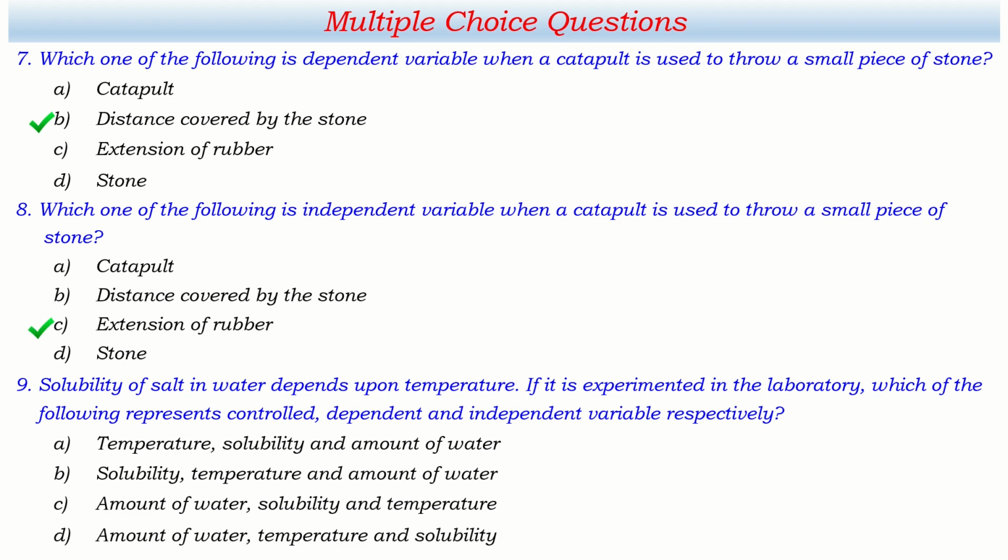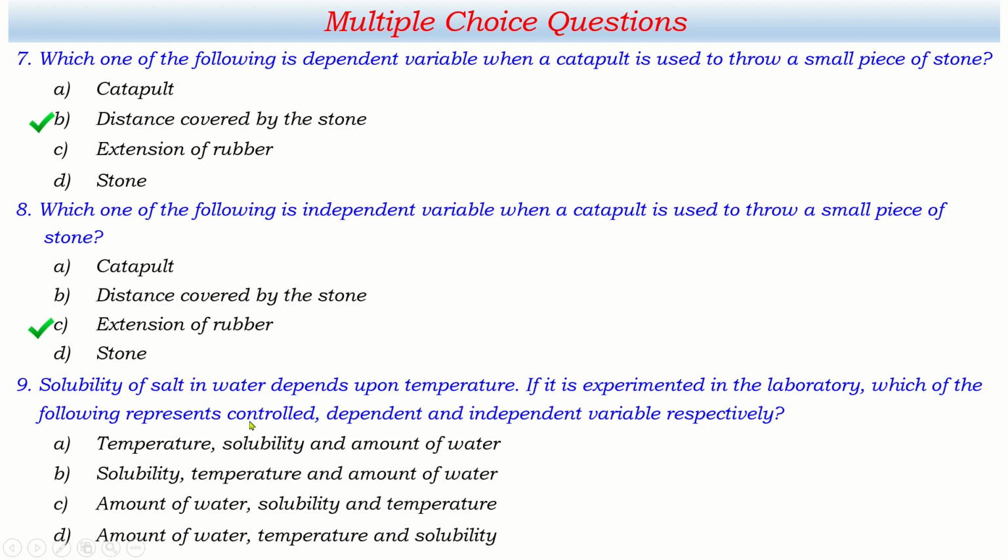Okay, solubility of salt in water depends upon temperature certainly. If it is experimented in the laboratory, which one of the following represents control, dependent and independent variable respectively? In this experiment, the control variable is the one which is not changed. Actually, the amount of water is taken constant.